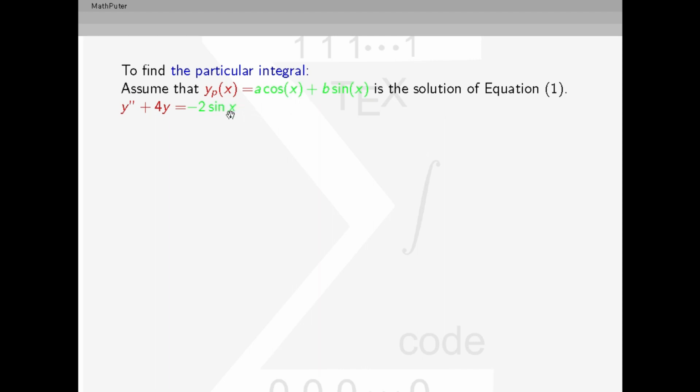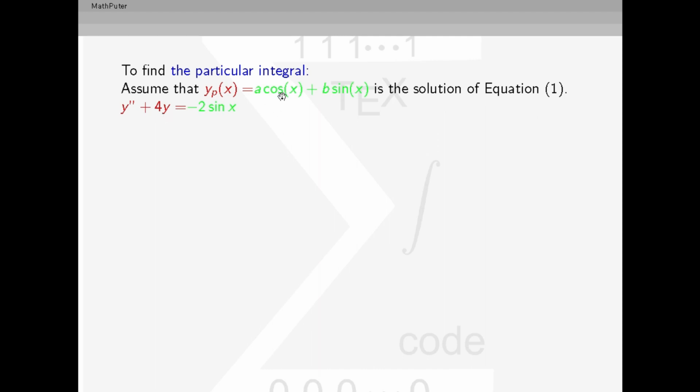Here we have been given sine, but I am writing both cos and sine. That is because the derivative of sine is cos and the derivative of cos is minus sine. So the derivative of cos or sine contains both the terms cos and sine. That's why I am writing the linear combination of cos and sine, which is a cos x plus b sin x. This is the solution of this differential equation.